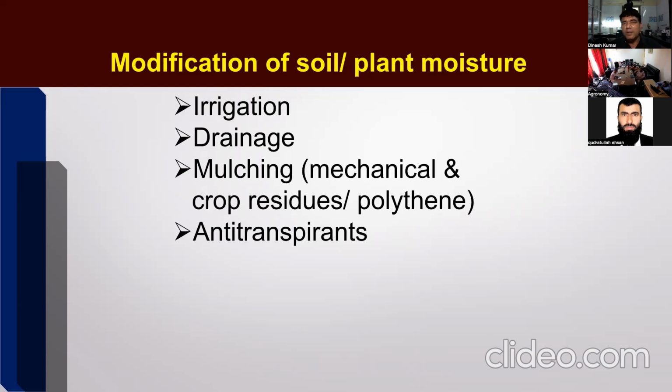Okay. So anti-transpirants are organic materials or chemical materials that are used to suppress the rate of transpiration. They oppose the transpiration because under dry land condition, there is shortage of water.